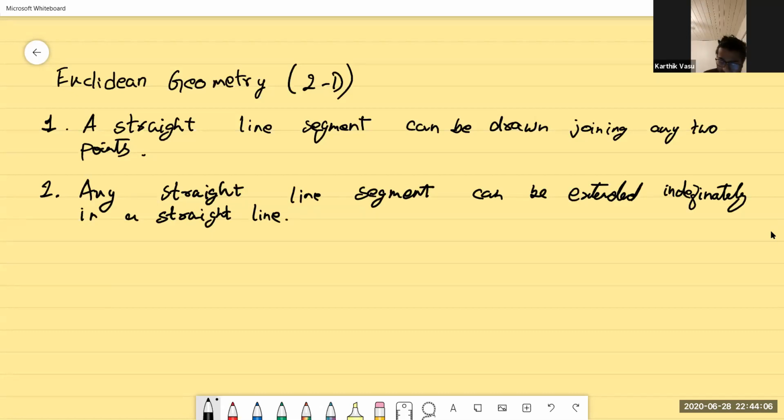If you have any line segment given to you, you can extend it on both sides indefinitely. That was the second postulate.